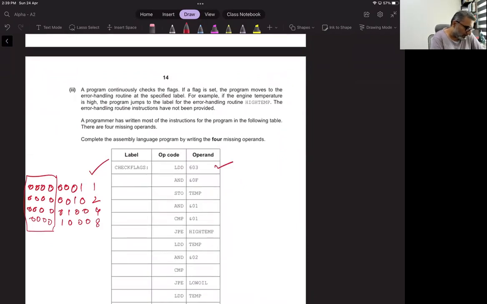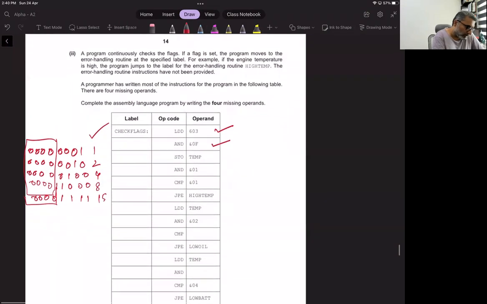Load 603 and check if all are ones. If all are ones, store the loaded data into temporary.